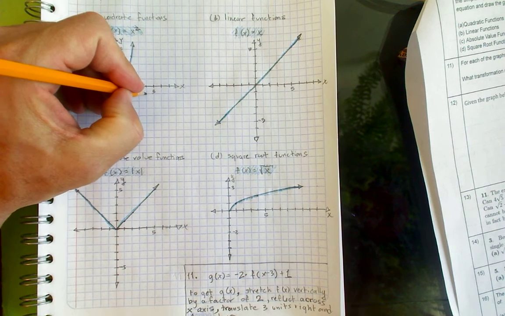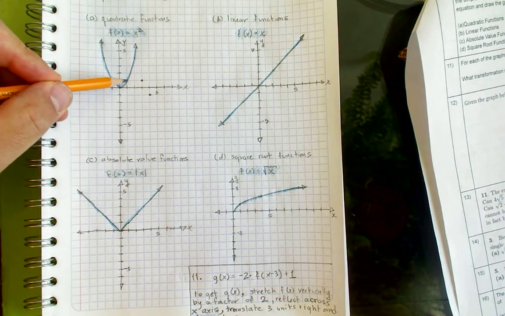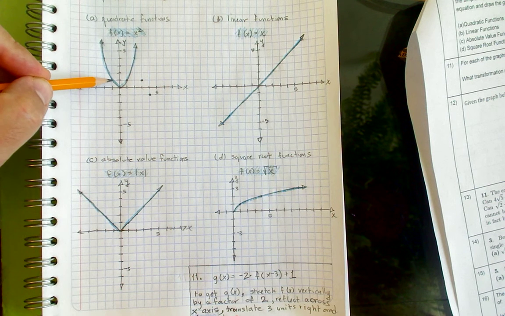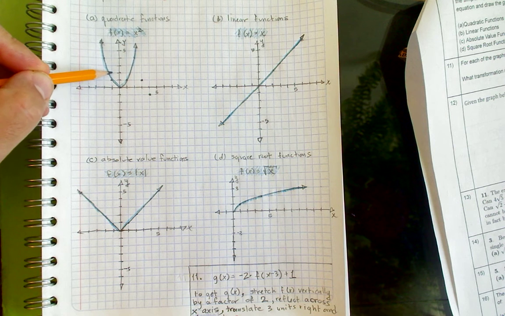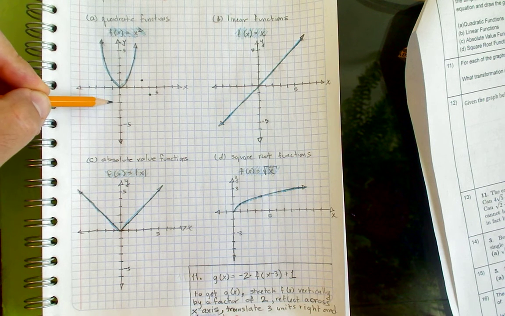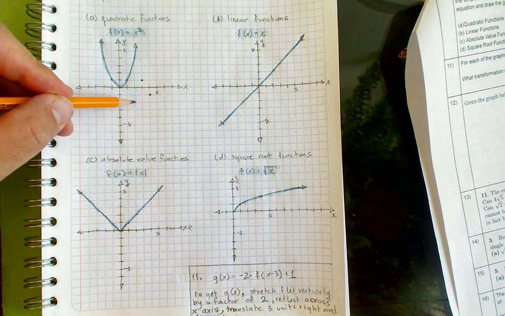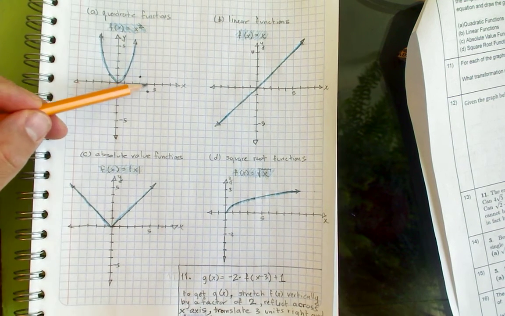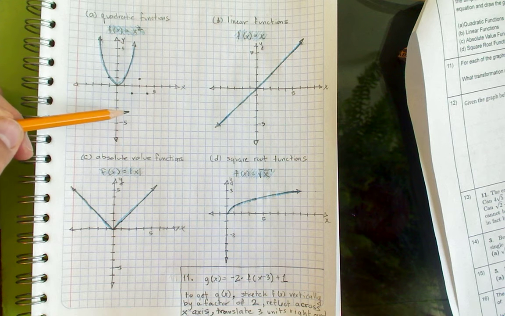And that means this particular point is transformed into this point. And again, if I did that with its symmetric point over here, stretch it by a factor of 2, reflect it, move it to the right 1, 2, 3 units, and up 1. There we go. Now you can see the beginning of our parabola forming right here.